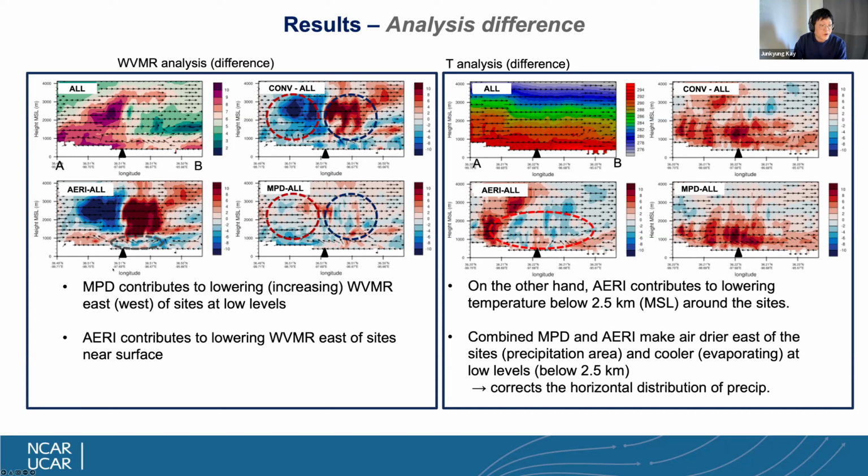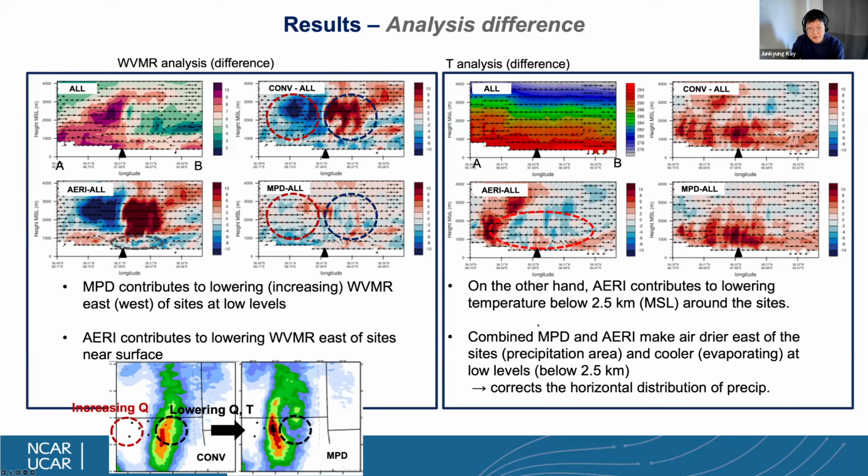The ARI also contributes to lowering the water vapor mixing ratio, but this impact is constrained to the near surface. On the other hand, the ARI contributes to lowering the temperature below 2.5 kilometer height. So the combined MPD and ARI data make the air drier east of the site and cooler at the low level. This combined evaporating impact corrects the horizontal distribution of precipitation.